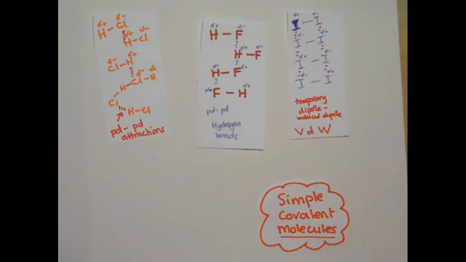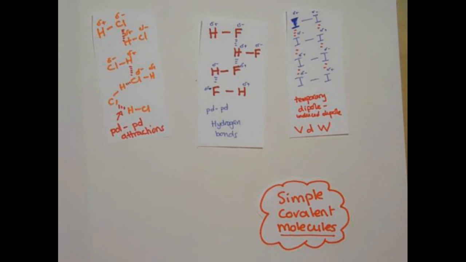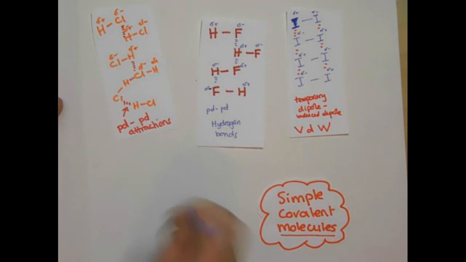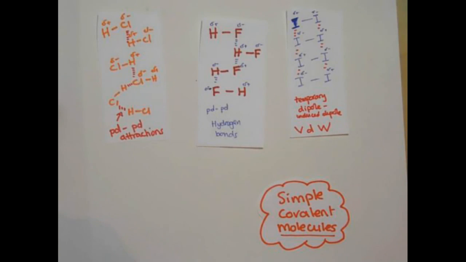Okay, so typical questions that you get asked on these bonding examples are usually about predicting which has got the greatest melting point, putting them in melting point order, and that's to see if you understand the types of bonding that you've got. So here in hydrogen chloride, we've got permanent dipole attractions, which are fairly strong.